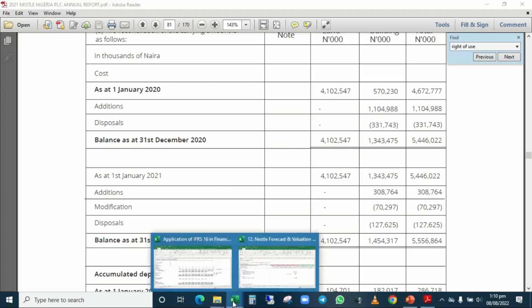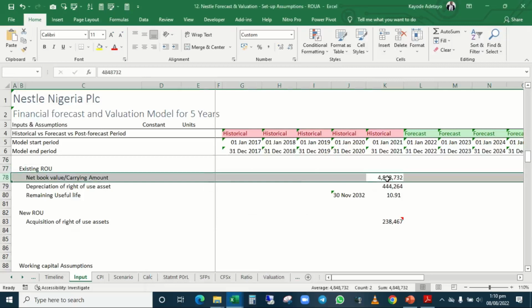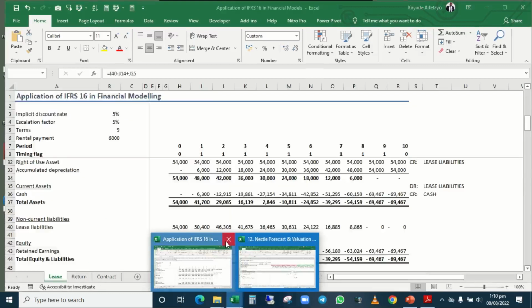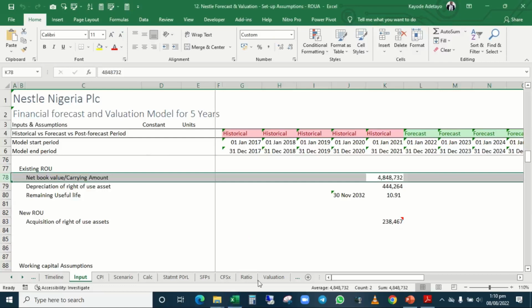And so what we did in the model is to bring the net book value of the right of use, which is 484,732, which we can get. Let me close this so that it will not obstruct.